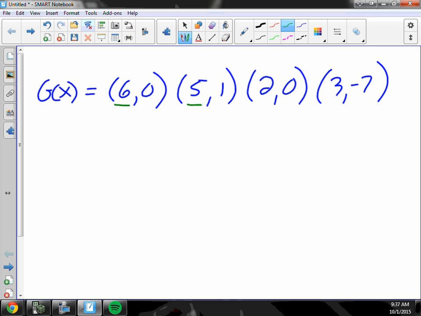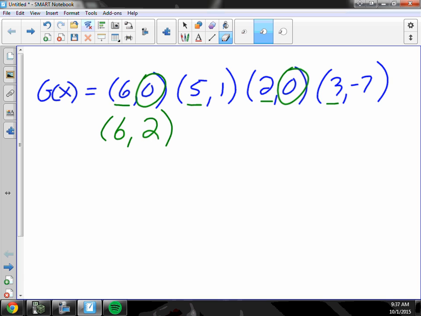We have 6, 5, 2, and 3. Is it okay that 0 shows up twice in the y's? Yeah, that's totally fine. But if I added another point, (6, 2), it ceases to be a function. What if I happen to write (6, 0)? Is it still a function? Yeah. As long as 6 always goes to 0, it doesn't matter how many times that happens.